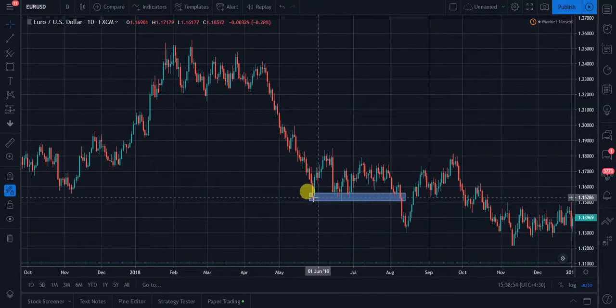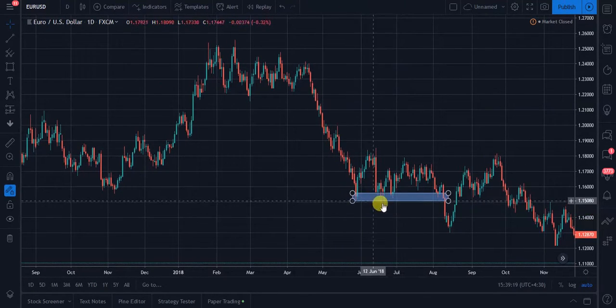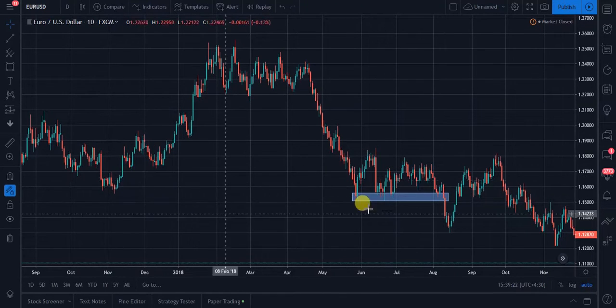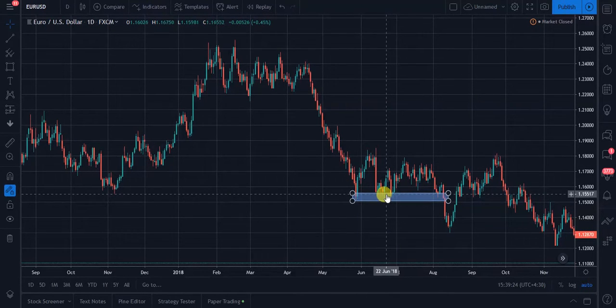But now in 2018, from 28 to 29 of January, I'm sorry, from 29 to 28 of January, the price is checking and shows us some price action change from this date to this date.